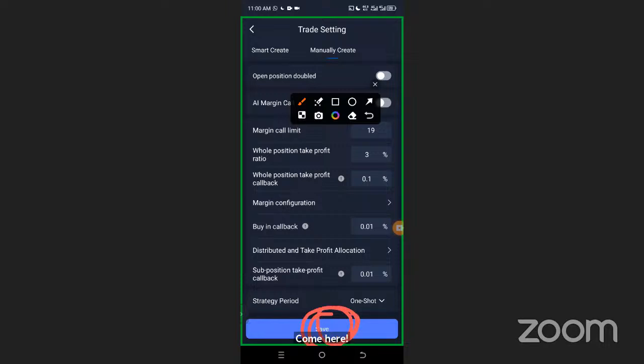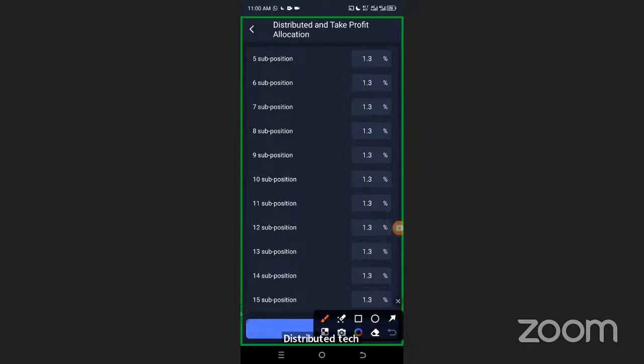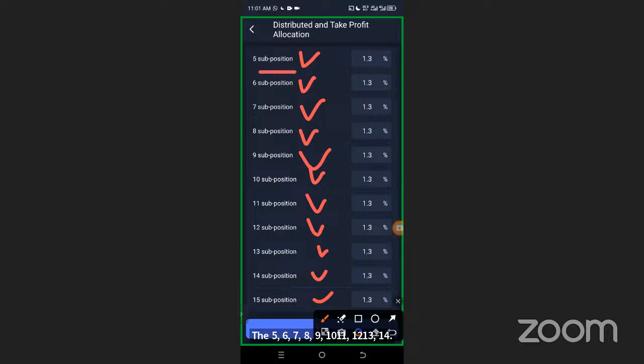Now, I need to talk about this for people to understand. There is what we call distributed take profit allocation. If you click there, you see 5, 6, 7, 8, 9, 10, 11, 12, 13, 14, 15. These calls, if the robot buys them, it will sell them at 1.3%.